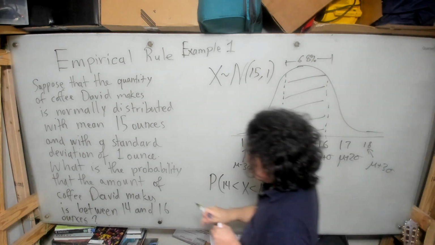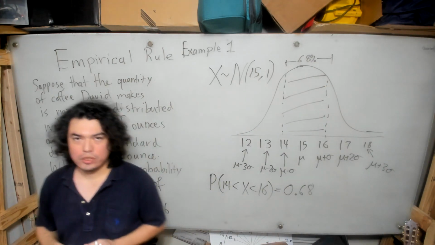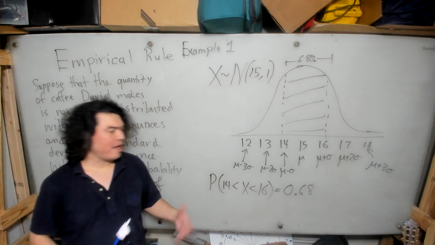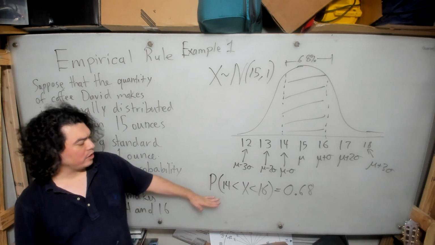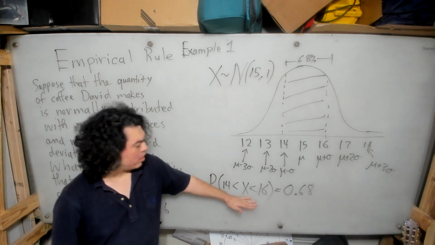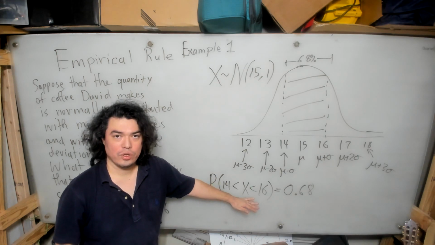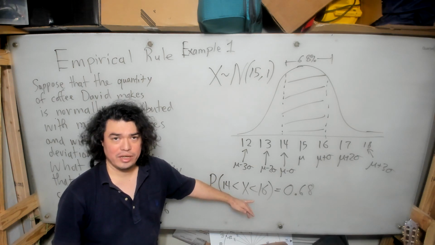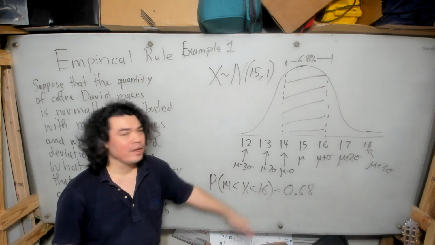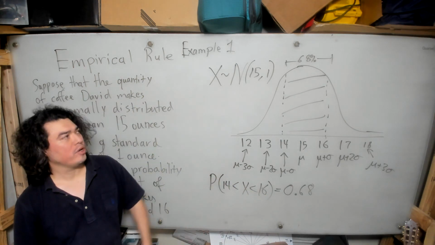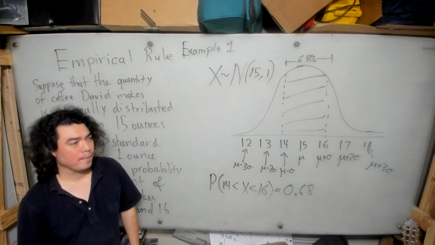Okay. So that's the answer to the question. The probability that the quantity of coffee David will create lies between 14 and 16 is 0.68, or in other words, 68% of the time that'll happen.